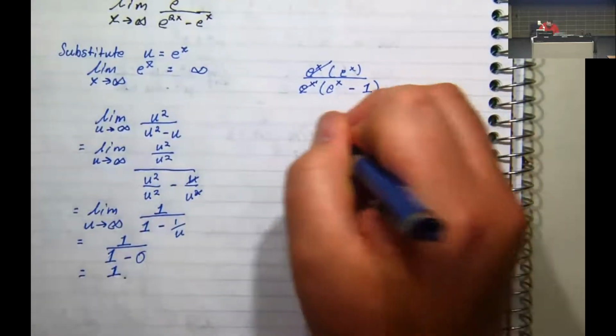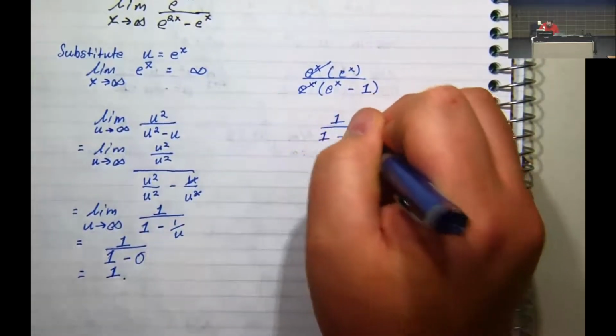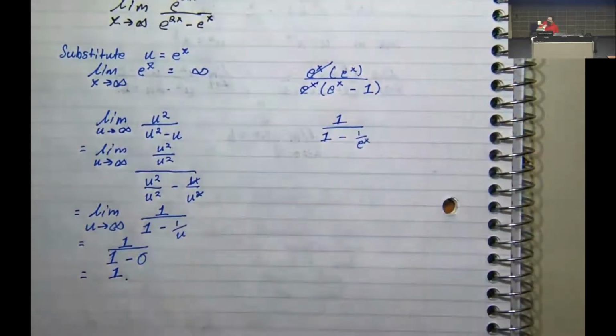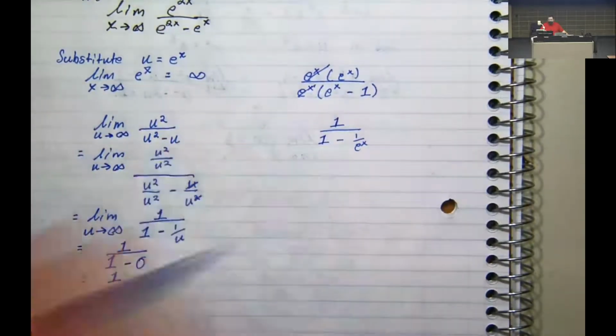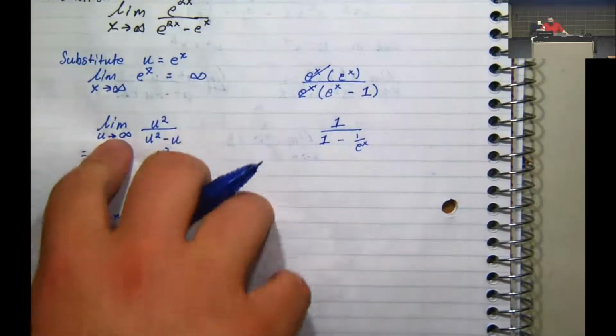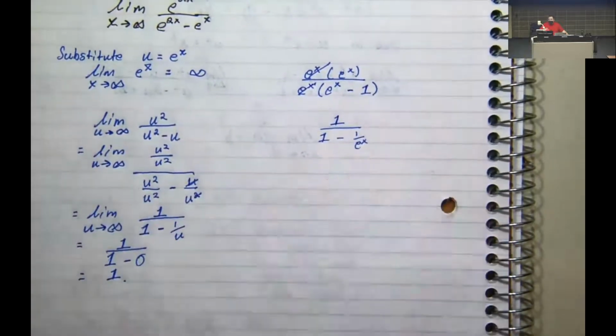So you get 1 over 1 minus 1 over e to the x. Typically whenever you're using the substitution rule, you don't have to use it. It just makes it easier to look at when I have u squared and u squared minus u. And I've already changed the bounds of the limit, but we could have done it that way as well. Both of them work.